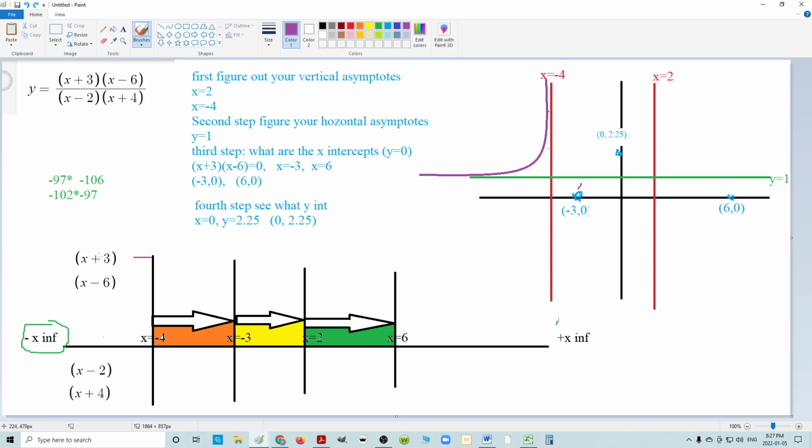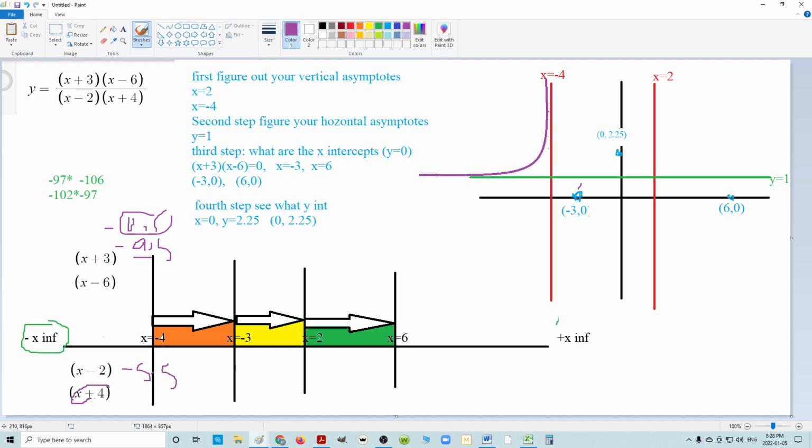So over here, minus 3.5 plus 3 will become negative 0.5. And minus 3.5 minus 6 will be negative 9.5. Negative 0.5 times negative 9.5, both of them negative. Down here, I get negative 3.5 minus 2. It's negative 5.5. And here's the only problem.